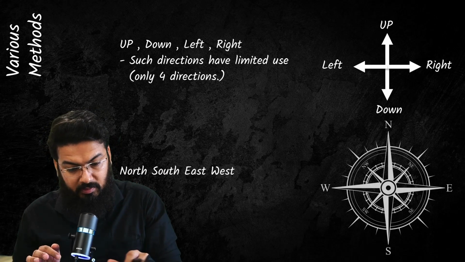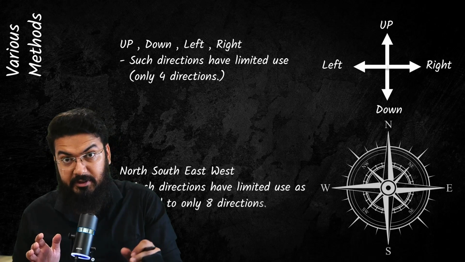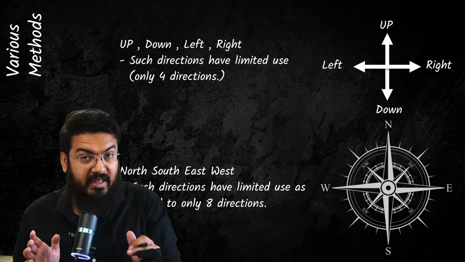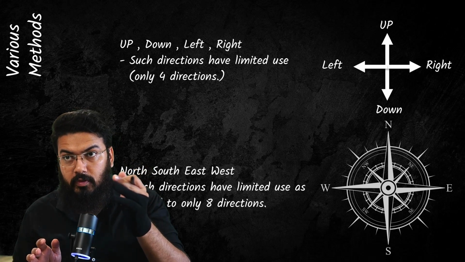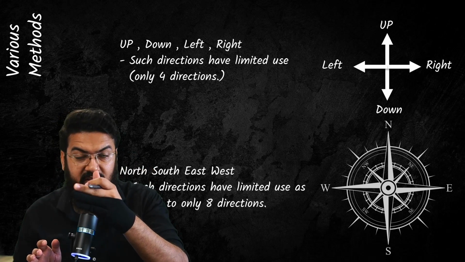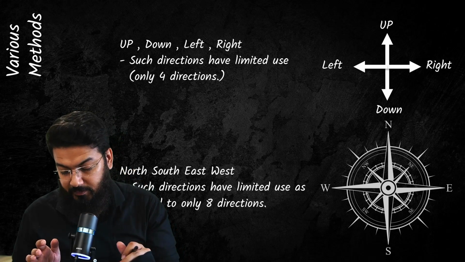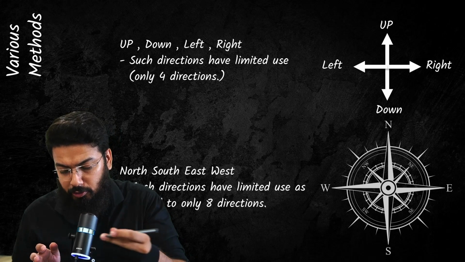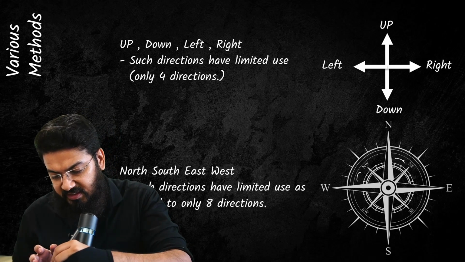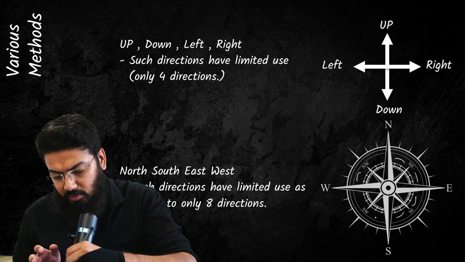Then you have north, south, east, west. Again, limited use. Why? Because you only have eight directions: north, east, south, west, then northwest, northeast, southeast, and southwest. Sometimes the questions use northwest or northeast or southwest.